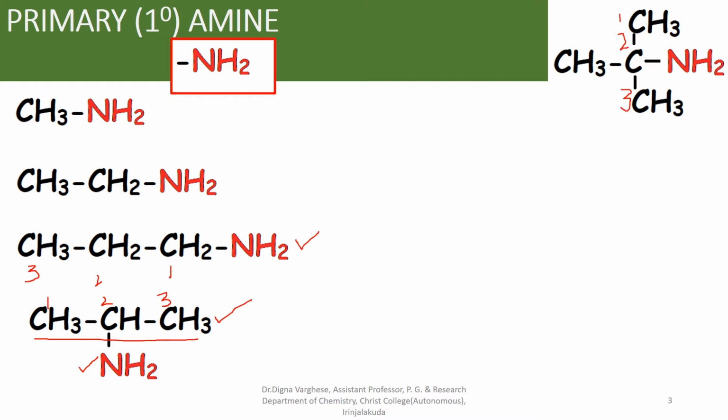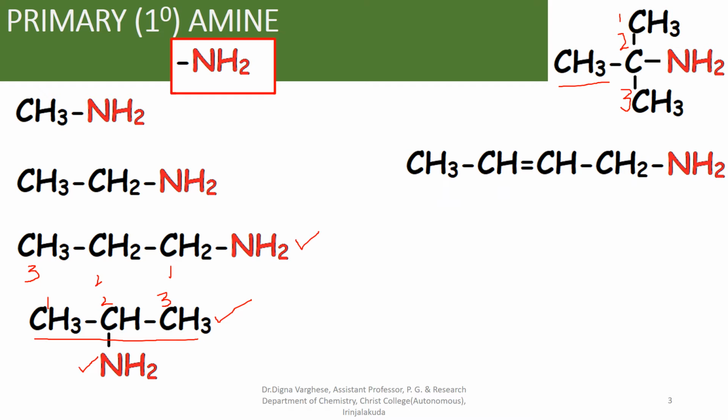So it is 2-methylpropan-2-amine. Its common name is tertiary butylamine. And here you can see a four carbon chain attached to NH2. Here there is a double bond, so it is but-2-en-1-amine.